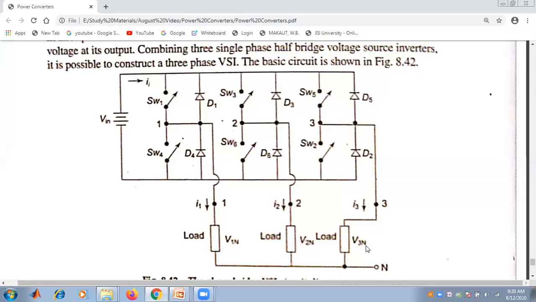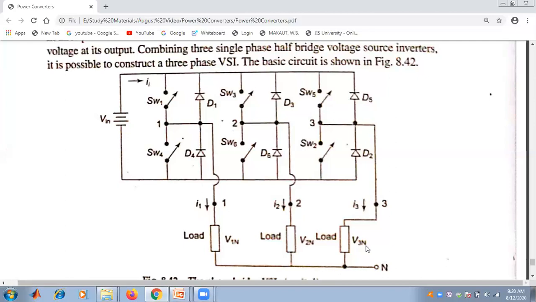The switches are turned on and off at intervals in proper sequence to produce the three-phase voltage at the output, which is displaced in time. The rate of switching determines the output frequency of the inverter.